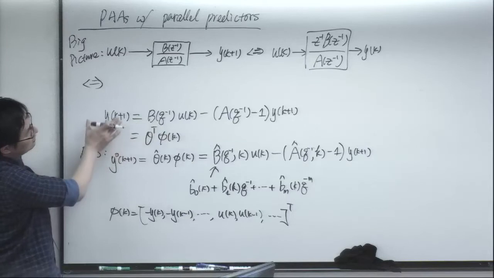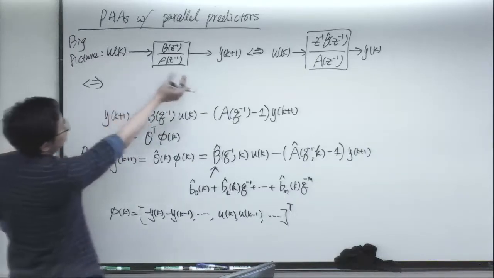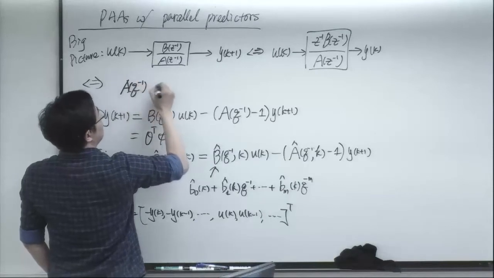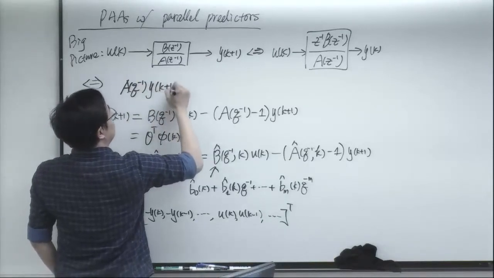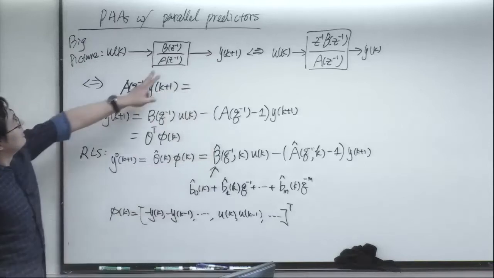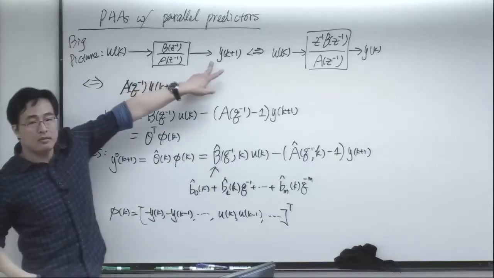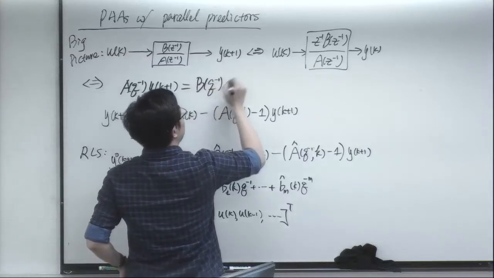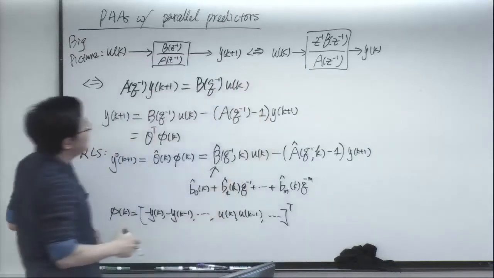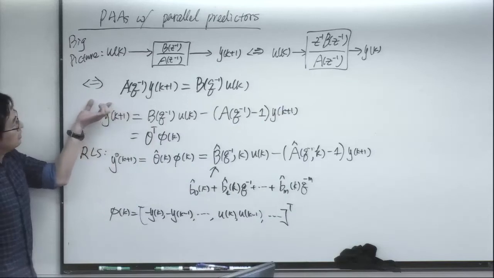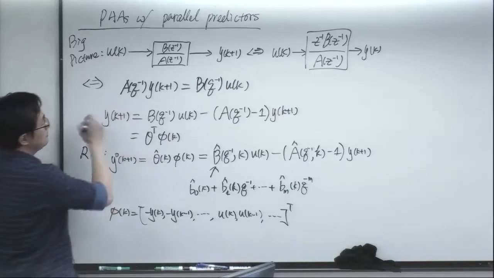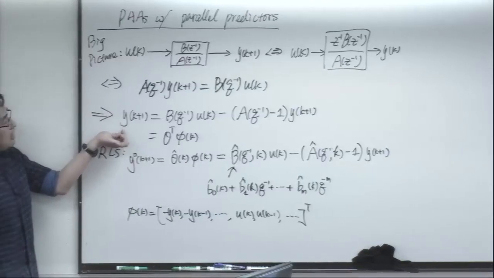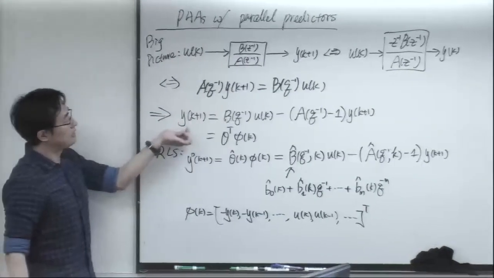And we know this model is really nothing but just the shift operating procedure. So the denominator multiplying the output is going to be equal to the numerator with the shift operator notation operating on u of k. And we can derive a predictor kind of structure out of this.